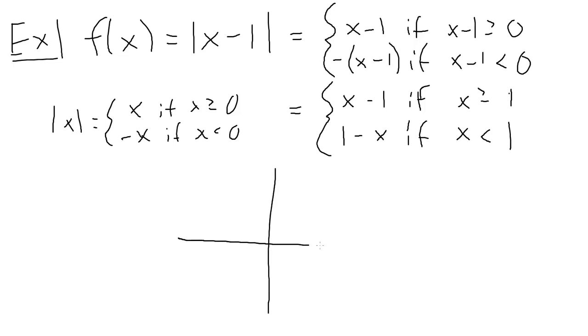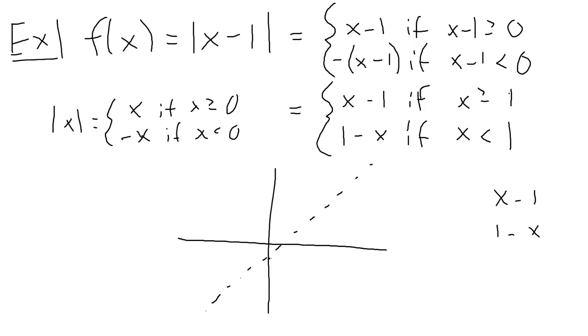And so now we can draw this. Let's just draw these two functions, x minus 1 and 1 minus x. Let's graph the whole thing, but with dotted lines. So x minus 1 has a slope of 1 and y-intercept -1, so it goes through -1 and looks like that.